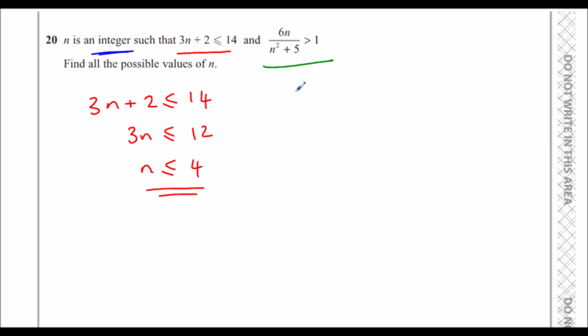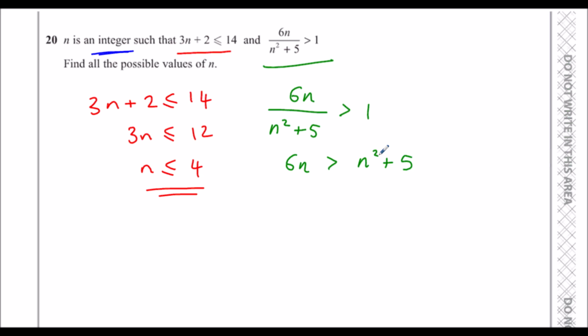This one's going to be a quadratic. So 6n over n squared plus 5 is bigger than 1. We need to get rid of the divide by n squared plus 5. And that means multiplying both sides by n squared plus 5. 1 times n squared plus 5 is n squared plus 5.